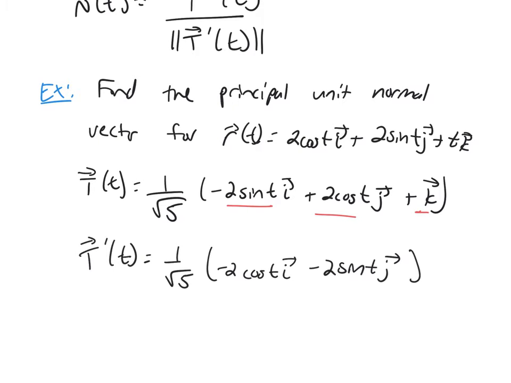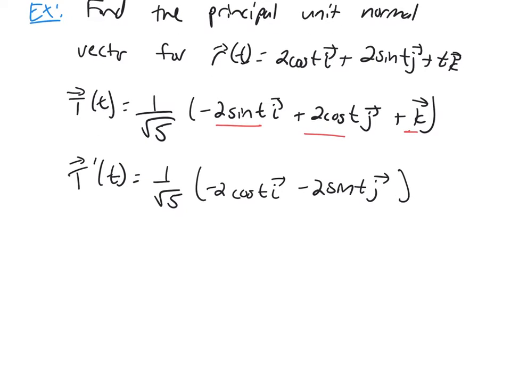So there's T prime. And then you're going to find the magnitude of this vector. So the magnitude of T prime of t, it'll be this coefficient here that's positive, 1 over the square root of 5.